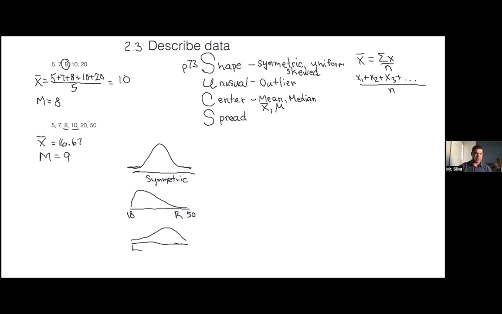So I'm going to start a new page here, and we're going to talk about finding the mean of a weighted distribution. So, weighted mean. You can find the mean of a weighted mean or a mean of a frequency distribution.